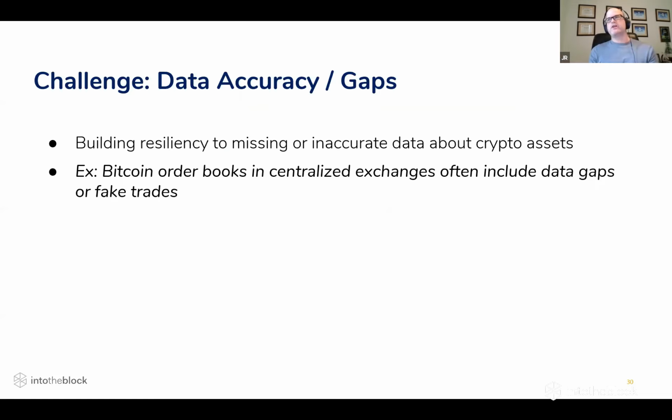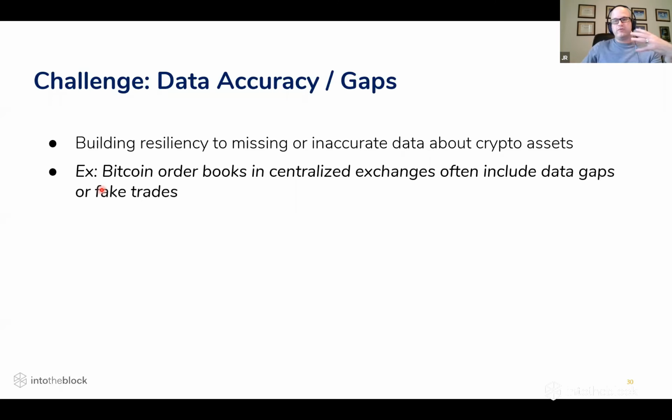Many of the data providers out there are regularly having outages, and the exchange APIs have gaps in time. We partner with CryptoCompare very closely on this, and we think they're one of the best. But you find a lot of these problems narrowed down to the exchange APIs, and you still have to deal with a lot of issues.